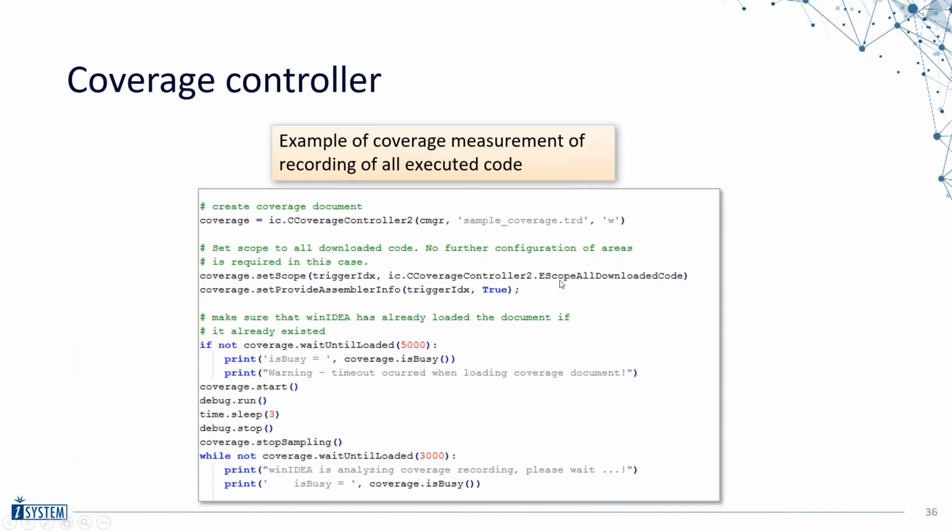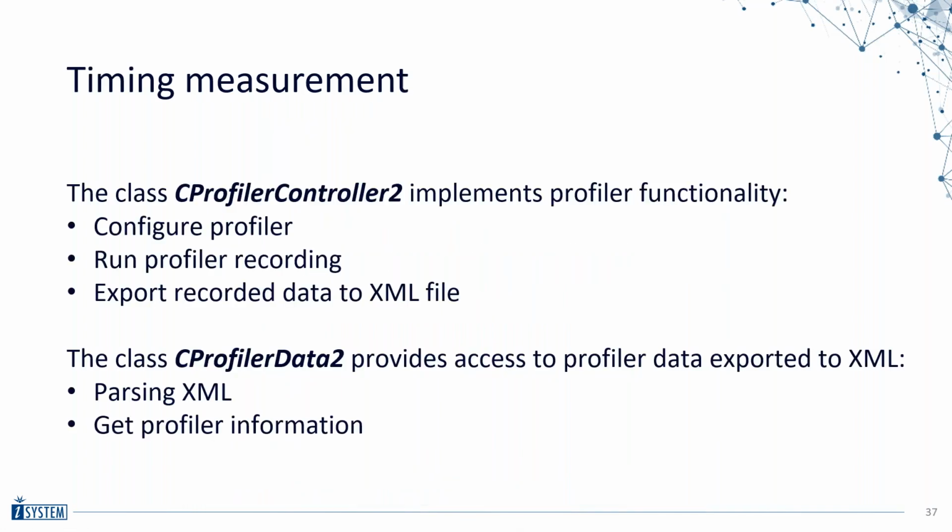Then we need to define the scope. In this case, the scope of the coverage measurement is everything. Then we start coverage measurement, we run, we stop sampling, and then later we can store the coverage results as an XML, for instance.